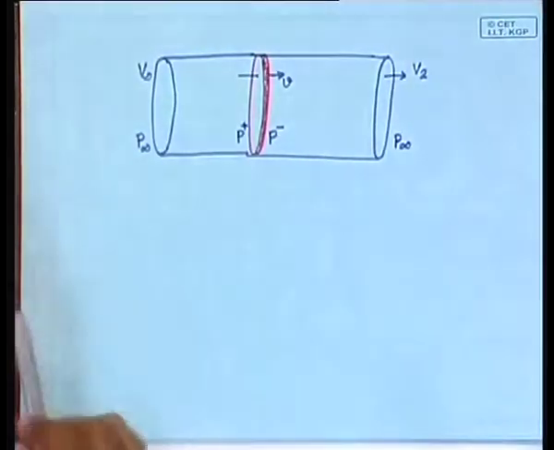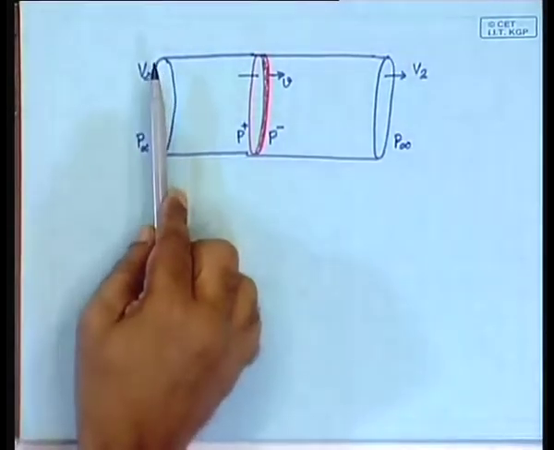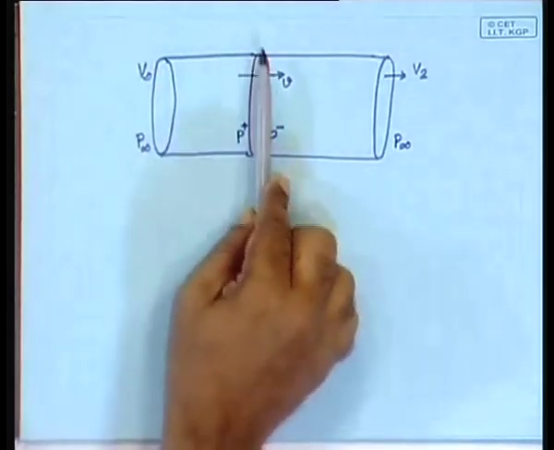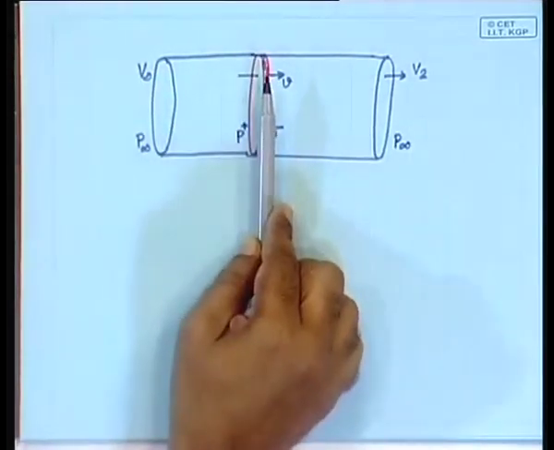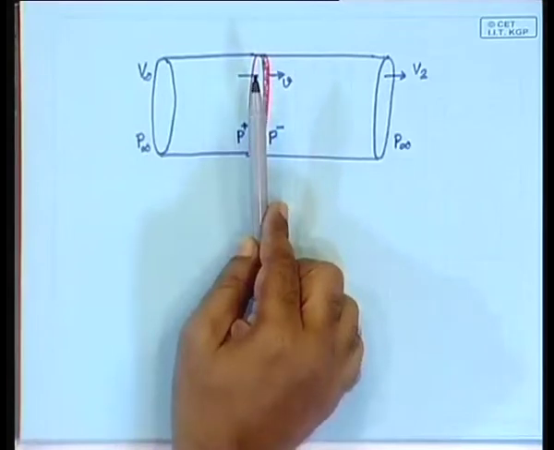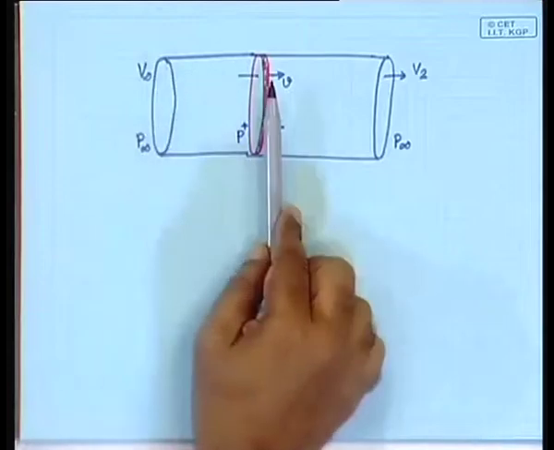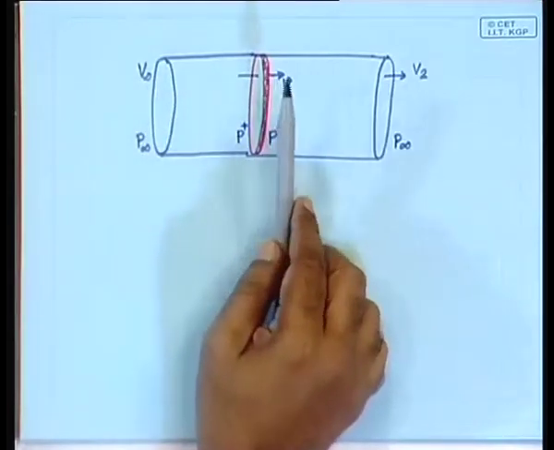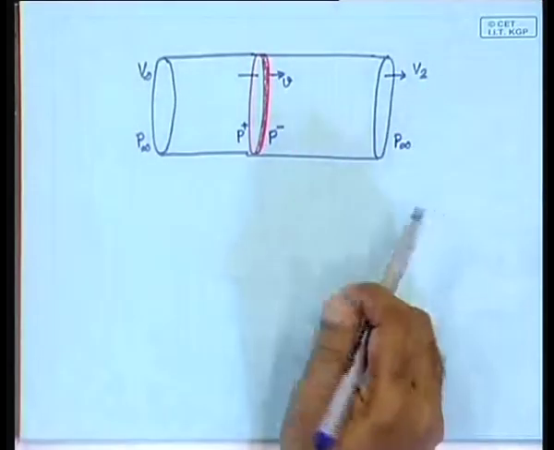Now, so far as the wind has proceeded from this point to this point, just before this converter, we can apply Bernoulli's principle. If we apply Bernoulli's principle, what do you get? You write down the equation for that.